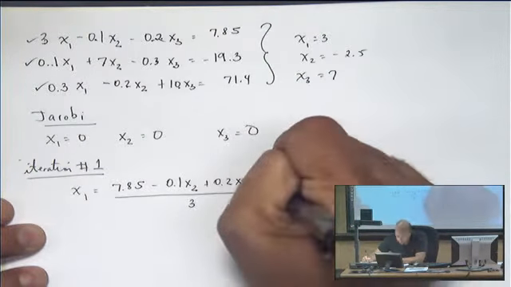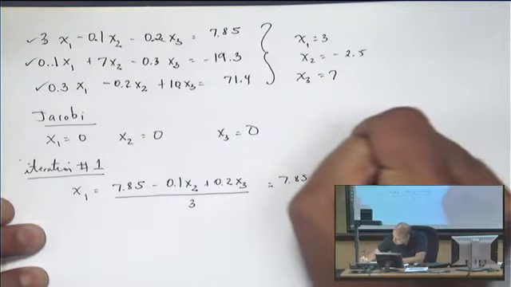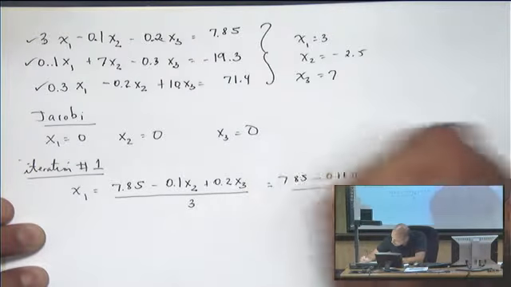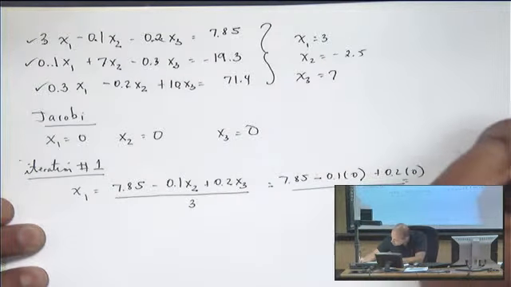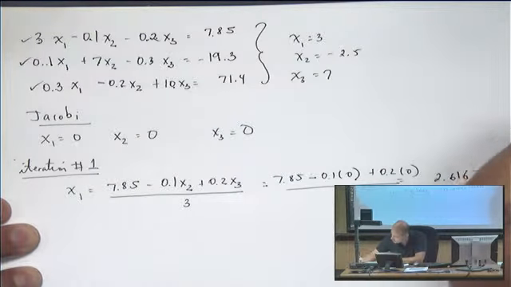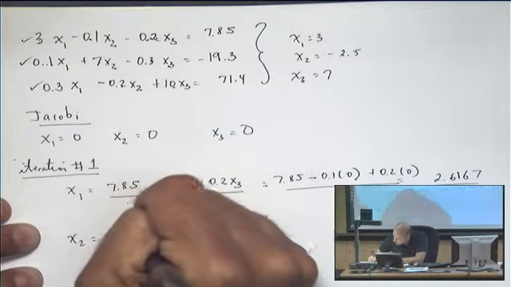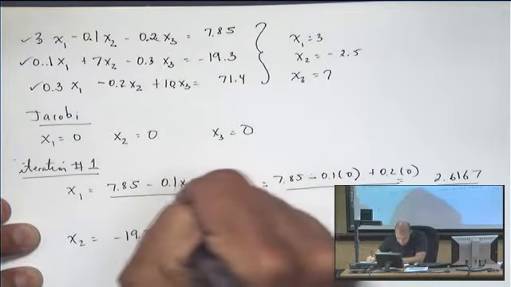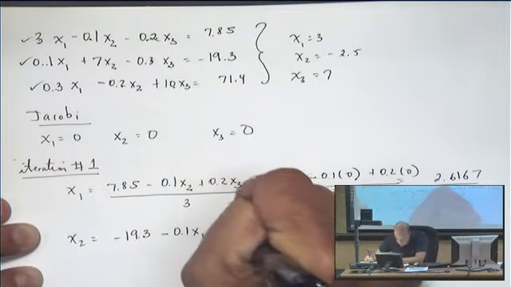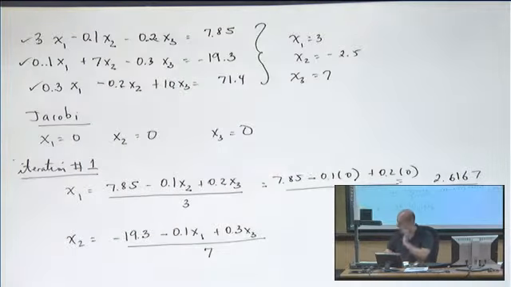So that's just going to be 7.85 minus 0.1 times 0 plus 0.2 times 0, divided by 3, which is 2.6167. Okay. x2 is minus 19.3 minus 0.1 times x1 plus 0.3 times x3, divided by 7. Now, this is a key point.